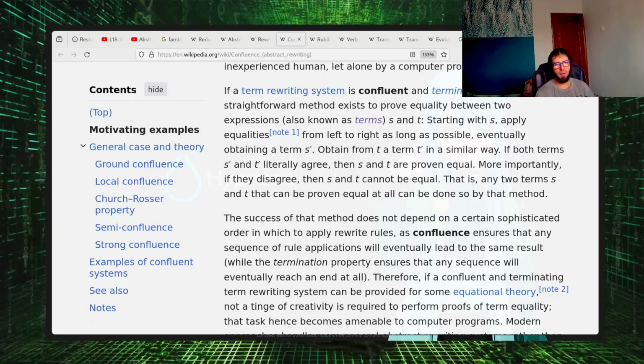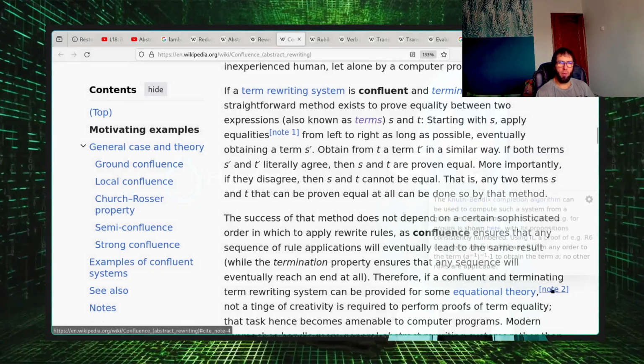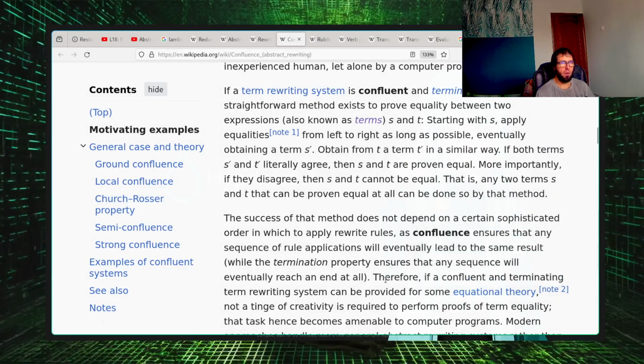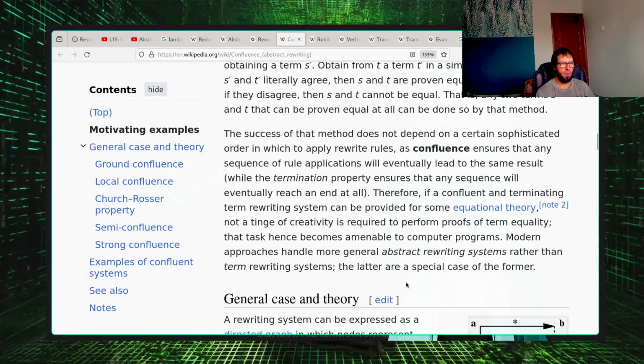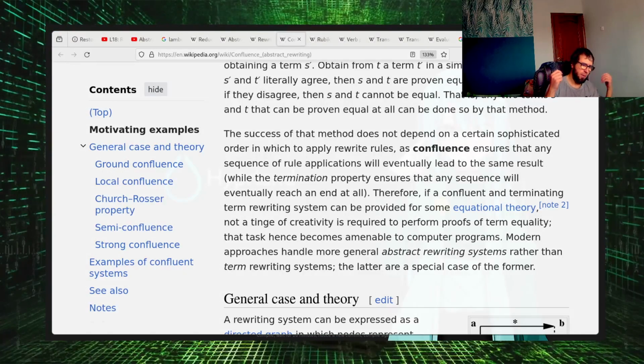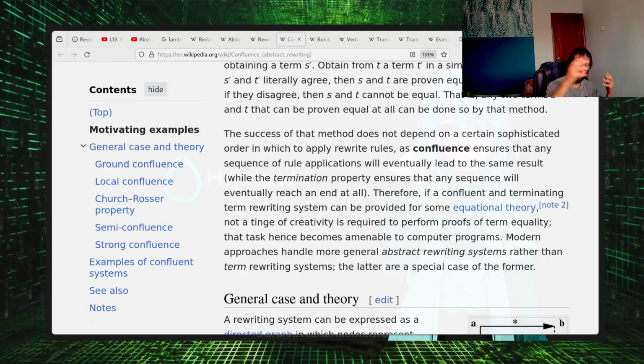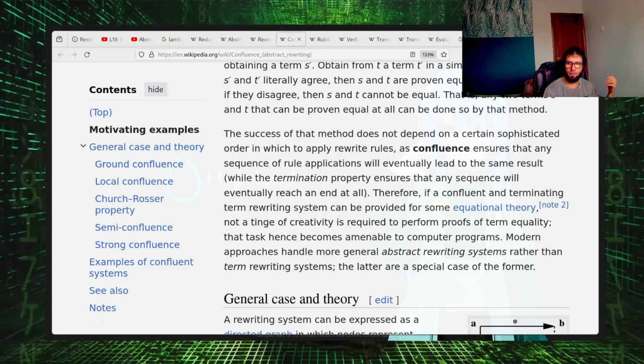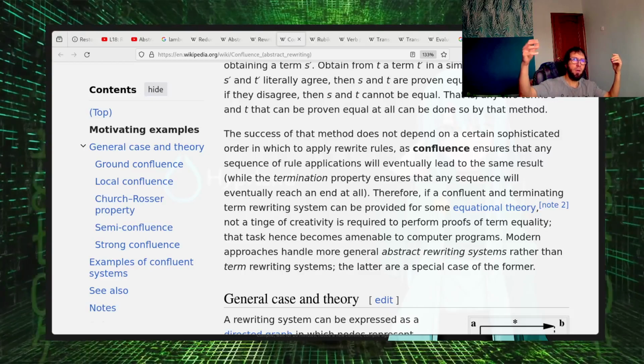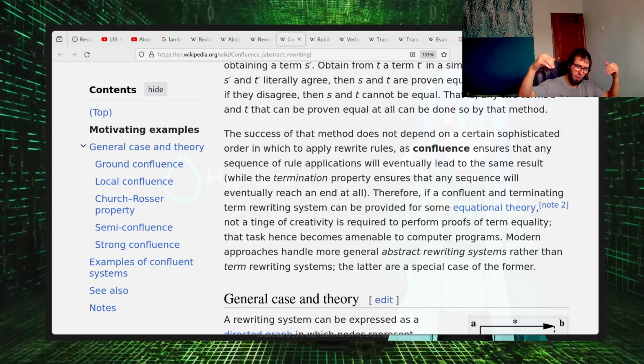This means that we can provide some equational theory for such a system. This means that we can always say which term is equal to other terms. So we just take two terms and confluence them with a finite number of steps into one point.